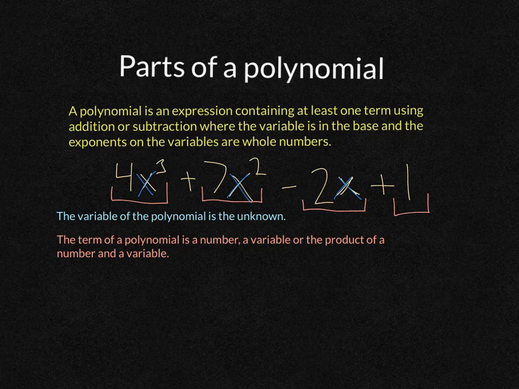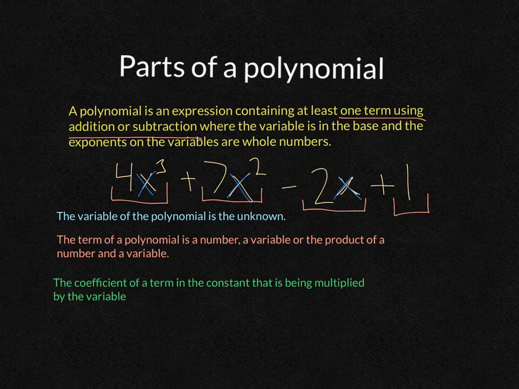Notice that terms of a polynomial will be separated using addition or subtraction. So in our definition, a polynomial is an expression containing at least one term, using addition and subtraction to separate them. So a polynomial is really an expression that contains multiple terms.